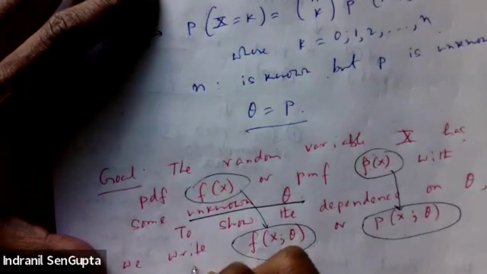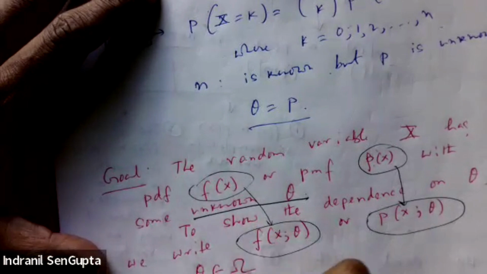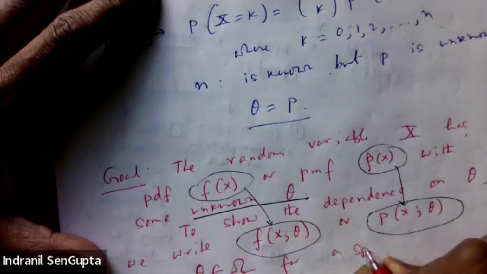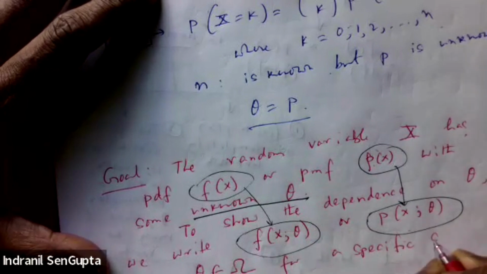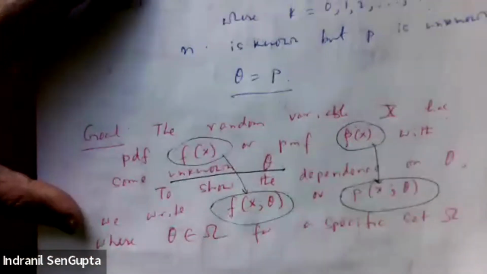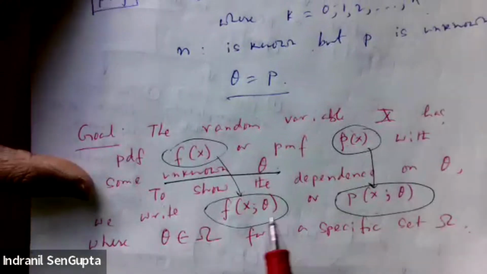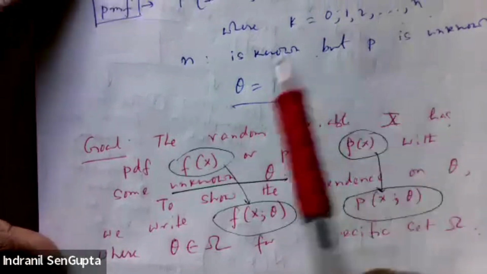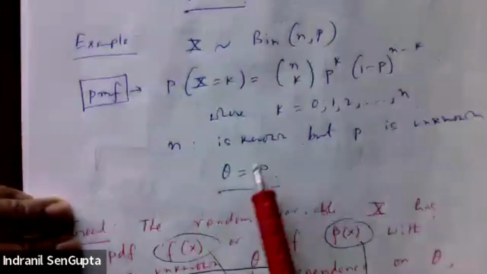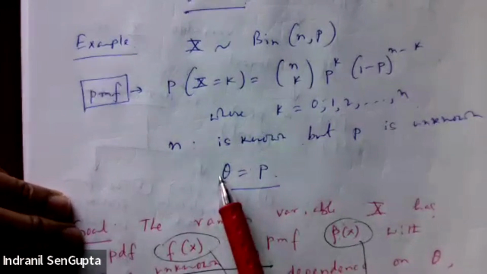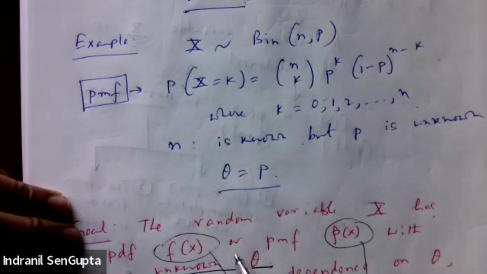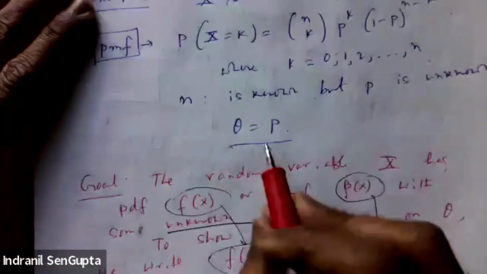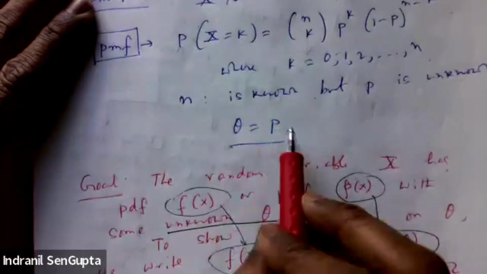Where this theta is in some set omega, for a specific set omega. It's not hard to understand because this unknown cannot be just any number. For instance, for the last example, if this theta is p, theta has to be between 0 and 1, right? So this omega is a set consisting of any number between 0 and 1.